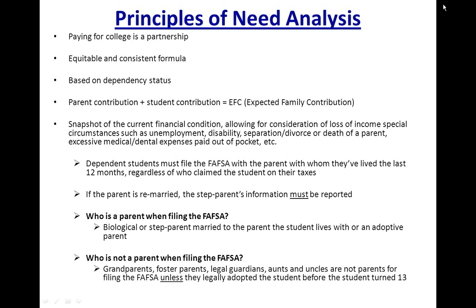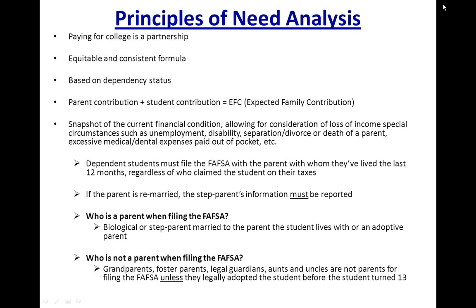Dependent students must file the FAFSA with the parent with whom they've lived the most in the last 12 months, regardless of which parent claims the student on their tax return. If the parent is remarried, the step-parent's information must be reported. Who is a parent when filing the FAFSA?